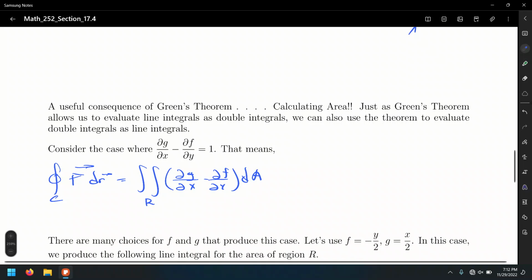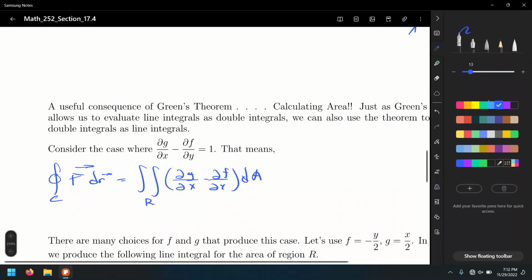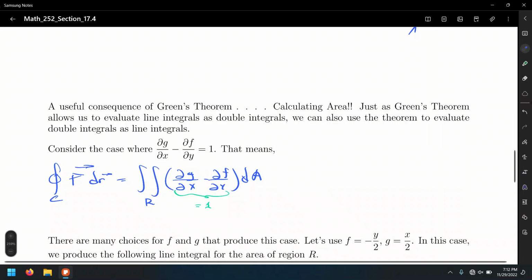However, this would be a special integral if this quantity, the difference of the partials, equals 1, and we know what the value of that integral is. It's the area.